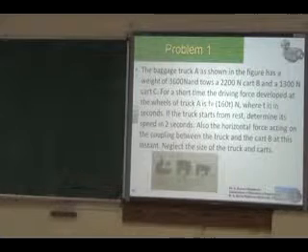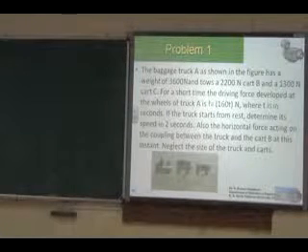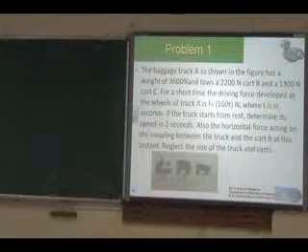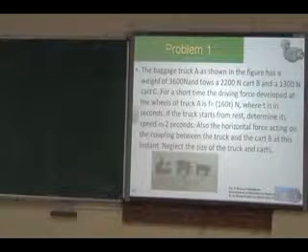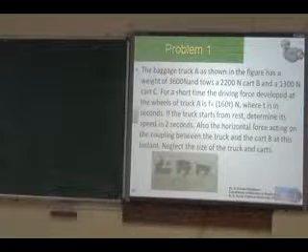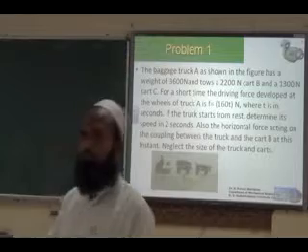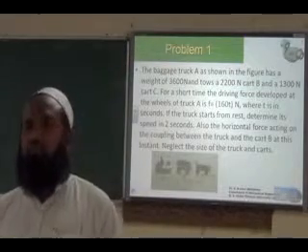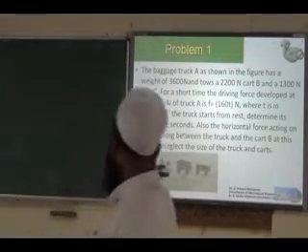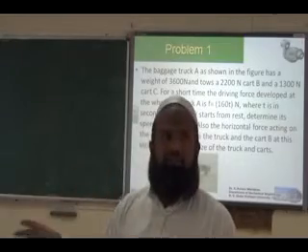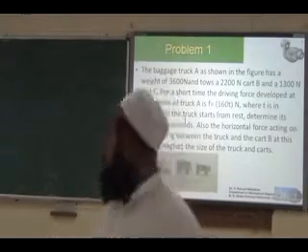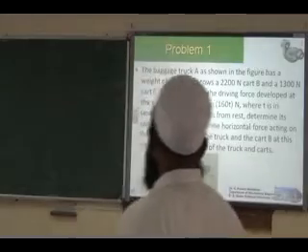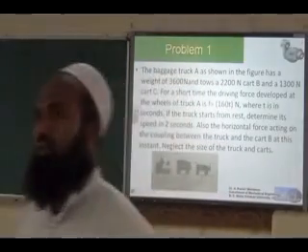It is pulling 2 carts. The weight of the truck is given, and the weight of the cart is given. You are asked to find the horizontal force acting on the truck.